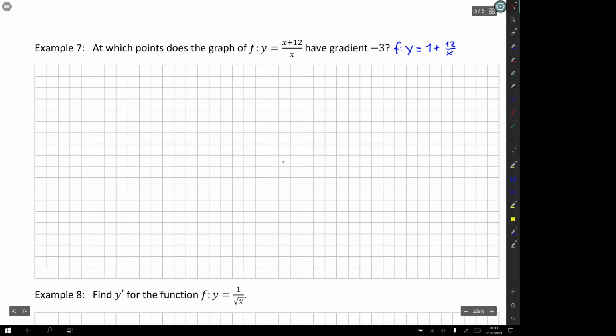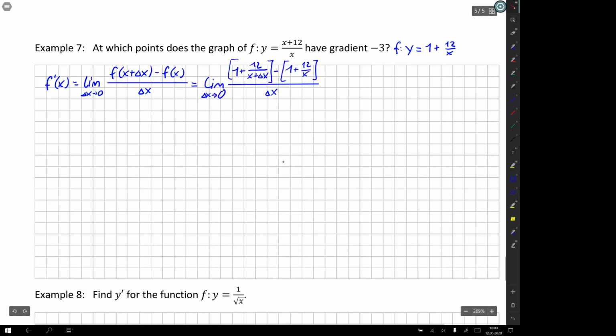We get y equals 1 plus 12 divided by x. So now to find the derivative function, we use just the definition, which just says f dash of x is this limit here. And in a first step, we just insert f of x plus delta x and f of x using this here.